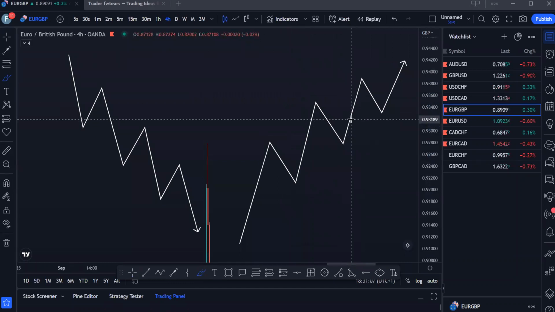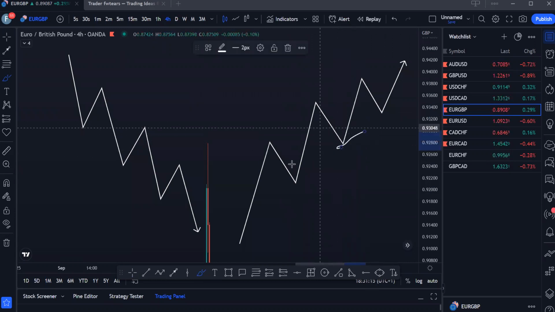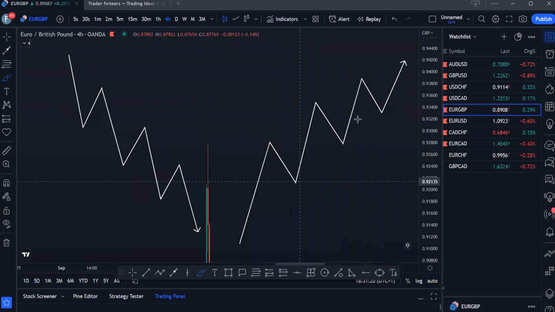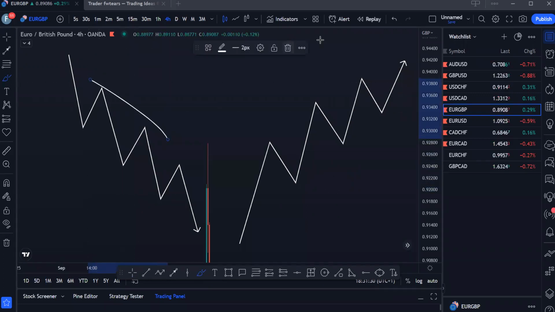This is the textbook, the ideal structure of the market when it is in an uptrend. But there are times that it might not be as smooth as this. So this is the ideal market scenario for an uptrend, and this is the ideal market scenario for a downtrend.